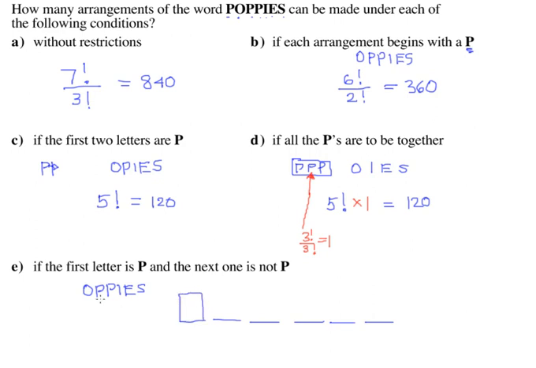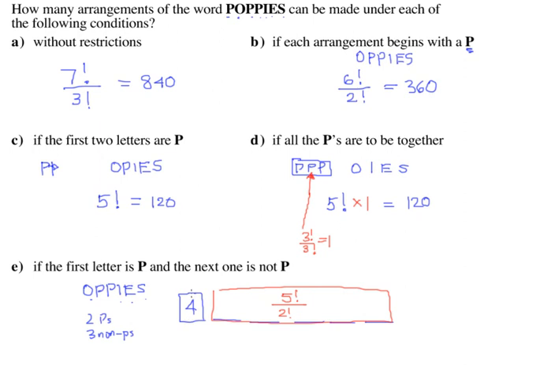In this first space, we have 1, 2, 3, 4 things we can place which are not the letter P. And then after that, what do we have? We've got 2 P's, and we're going to have 3 letters left which are not P's. So for these last 5 spaces, we can go back to doing factorials and say I've got 5 factorial things that I can place here, but 2 of them are identical P's.